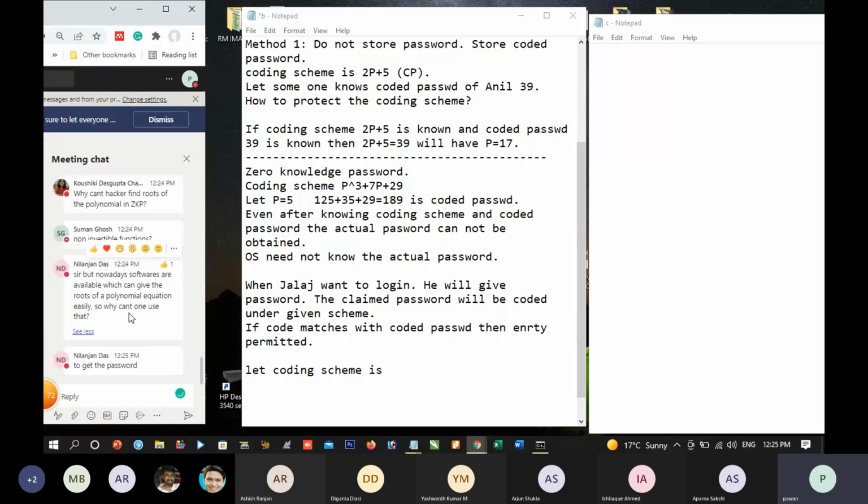So this is not a problem. We may not have an equation of the type PQ. We can have an equation of the type P raised to the power P. Do you understand?